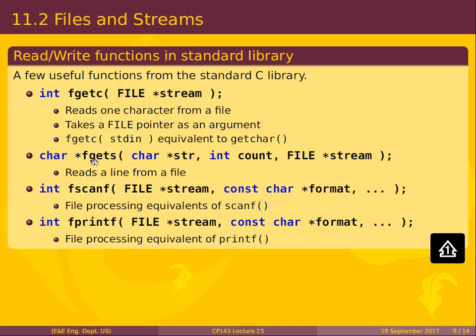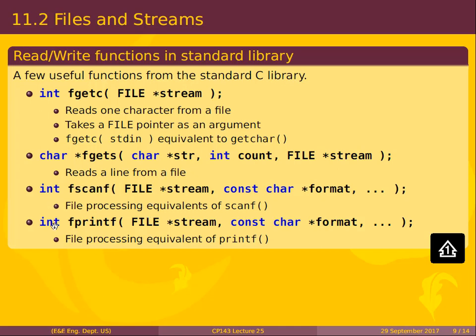Then there's also a way to get a whole line from a file, and this would be fgets, which stands for string. So this is fgetc, the c stands for character, and this is file get string. It returns a character pointer, and it reads a line from a file.